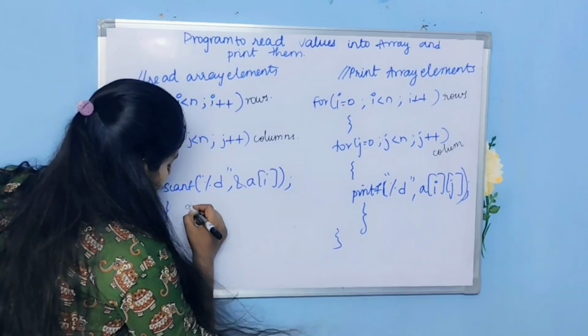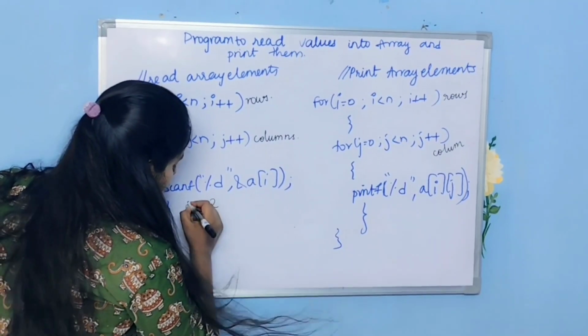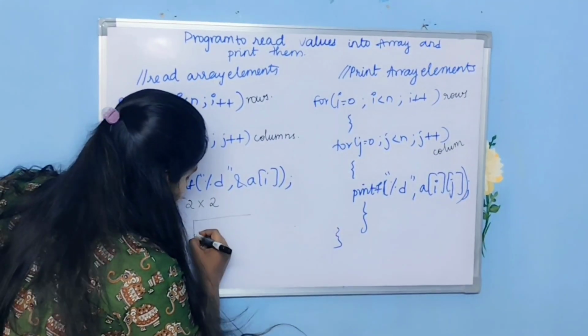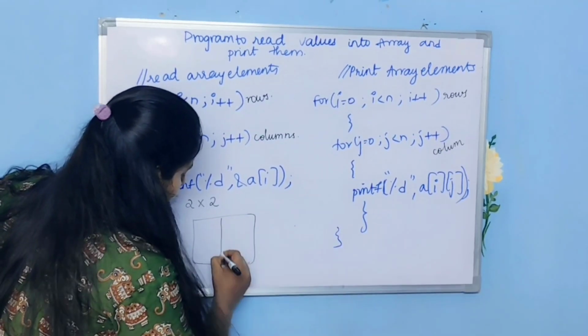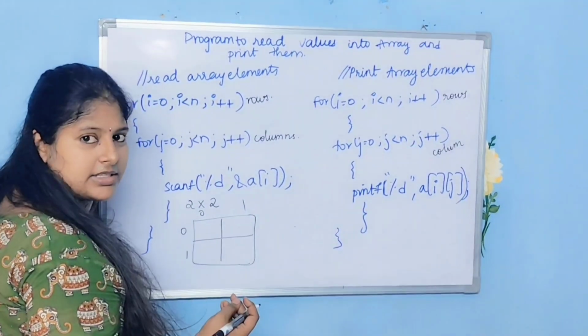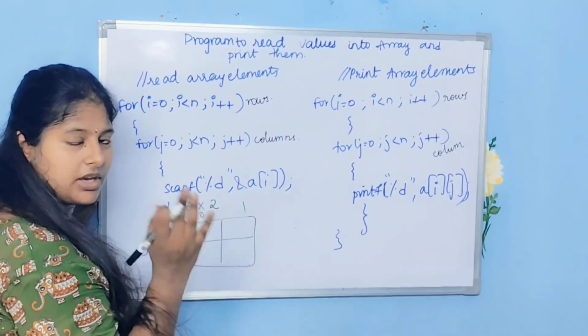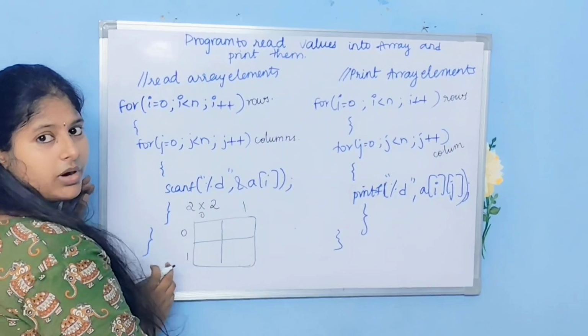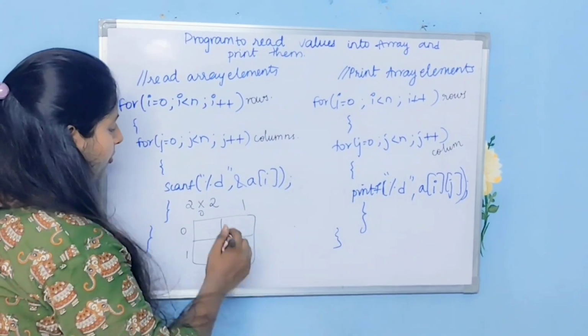Suppose you want to print a 2 into 2 matrix. How do you print 0, 1, 0, 1? Generally, the array index starts from 0 to n-1. We have only 2 elements, so the array index starts here and ends at 1. Now, how do you print elements?